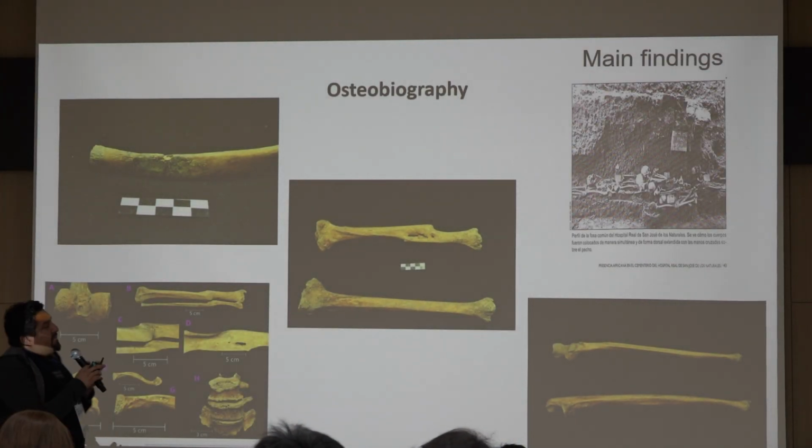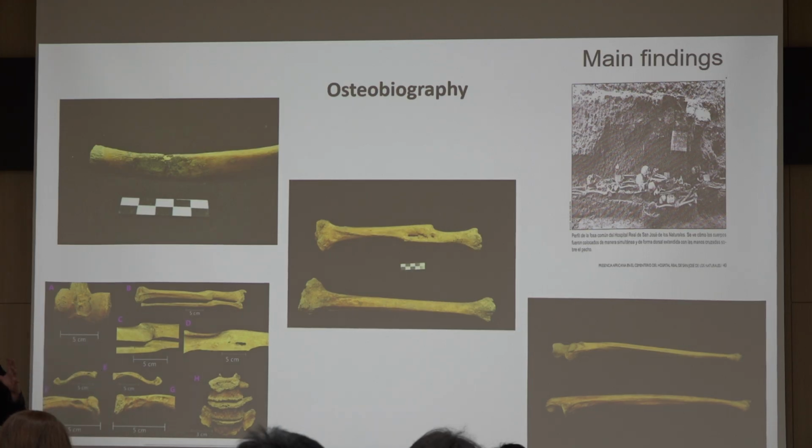From the osteobiography, we could tell that they were mistreated heavily. We can tell that they were shot at. This is what you can see here, this greenish color is because they had a gunshot there, and the gunshot itself was made of copper, and the copper, after the years, stained the bone with this copperish color.